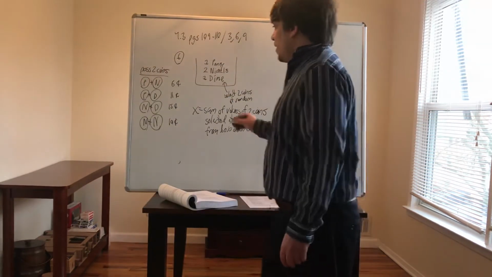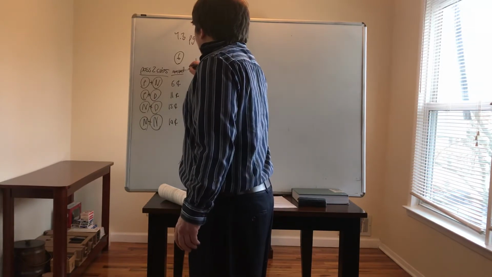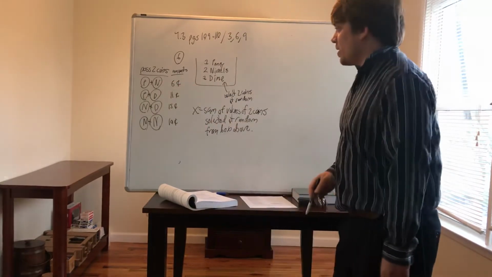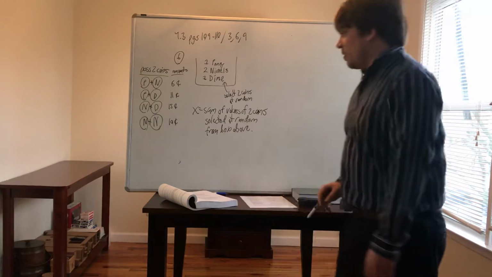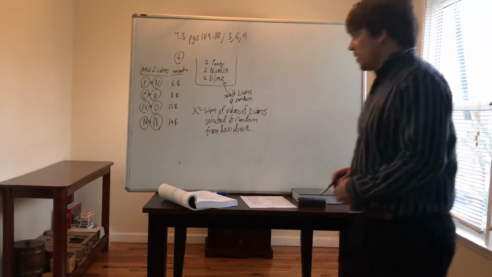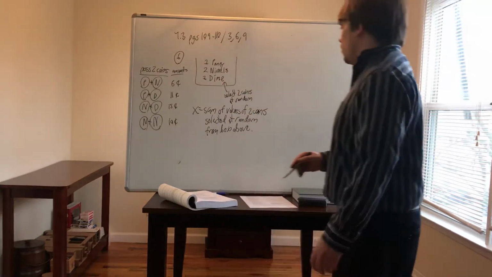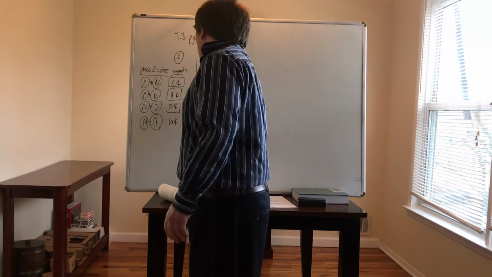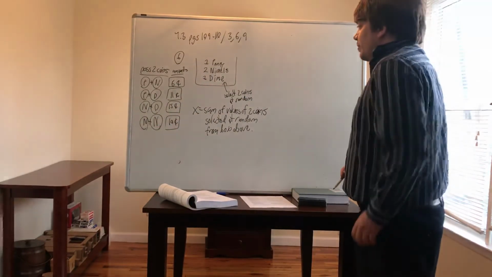These are the amounts of cents in each case. So if you pick a penny and a nickel, you get 6 cents. A penny and a dime, you get 11 cents. A nickel and a dime, you get 15 cents. And a nickel and another nickel, you get 10 cents. So these are the possible values of X, right? X is the sum of the values of the 2 coins selected at random from the box above. So the only values X can take are 6, 11, 15, or 10. Okay?